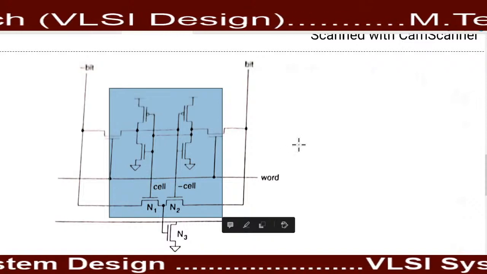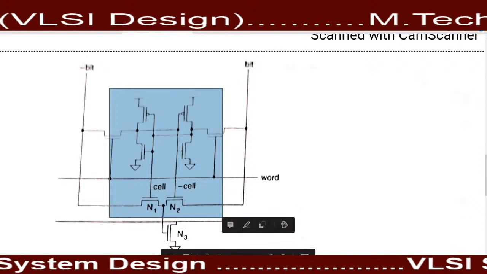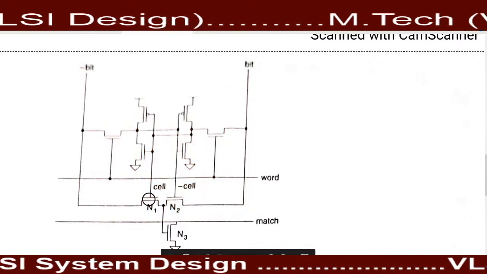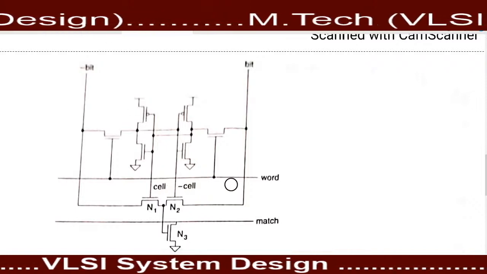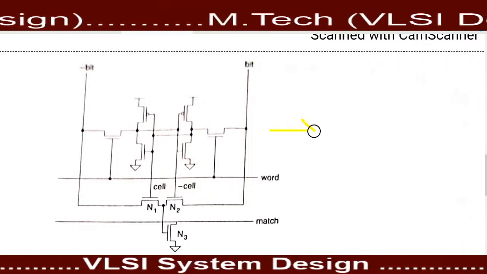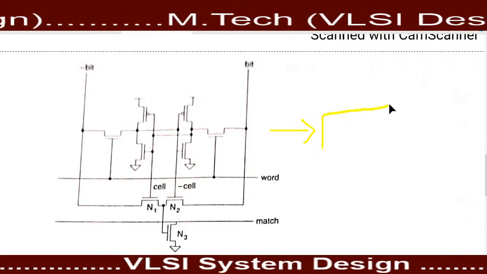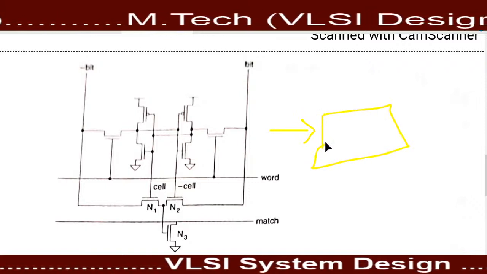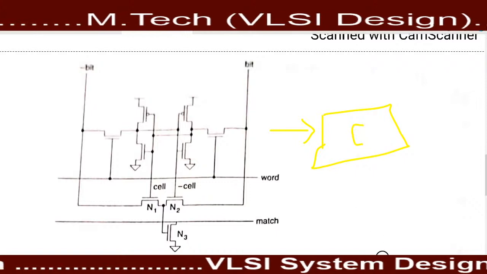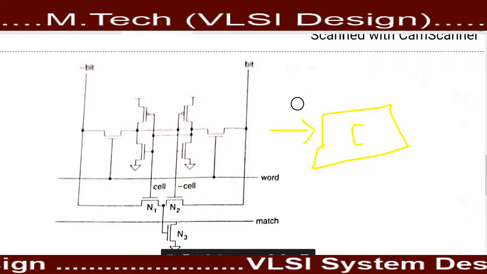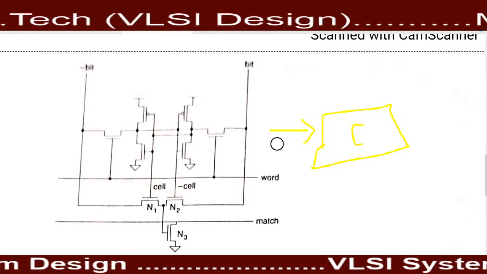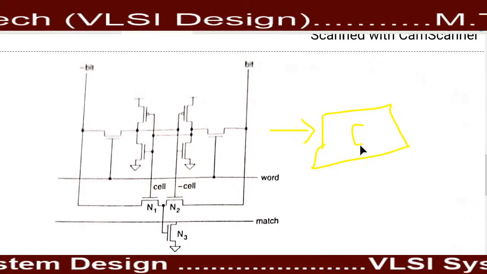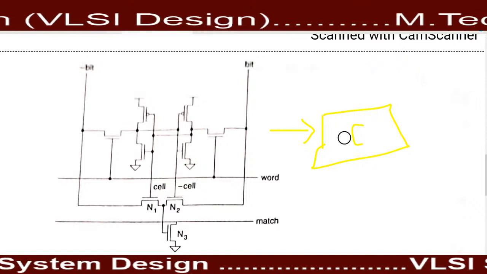Okay, now how does it work? Suppose I am making a black box, this one is the CAM. Suppose the input of the CAM memory, that is the data, is matched with the content that is already stored in the CAM memory.